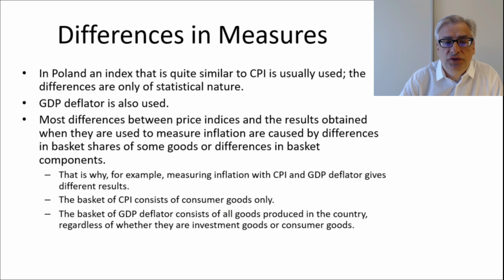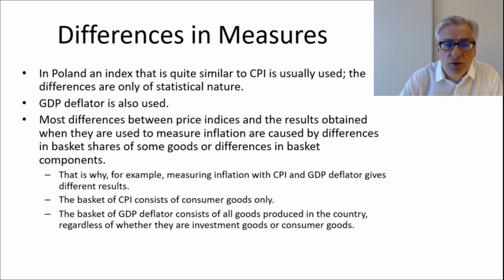So we most often use this consumer price index. It's pretty similar to the American consumer price index. And when you hear about inflation, this is usually consumer inflation. So on the news, when you hear that inflation in Poland went up, for instance, to 4%, that usually means that this is CPI that was used for measuring the 4% increase.